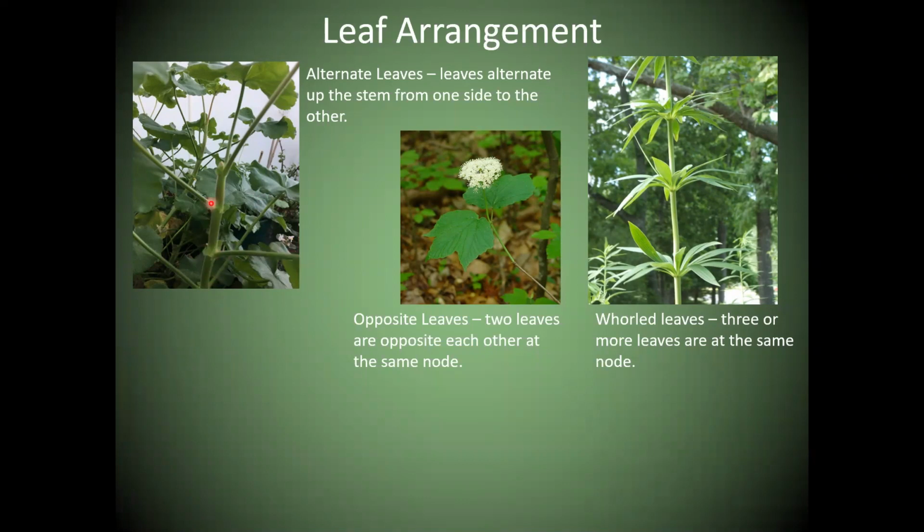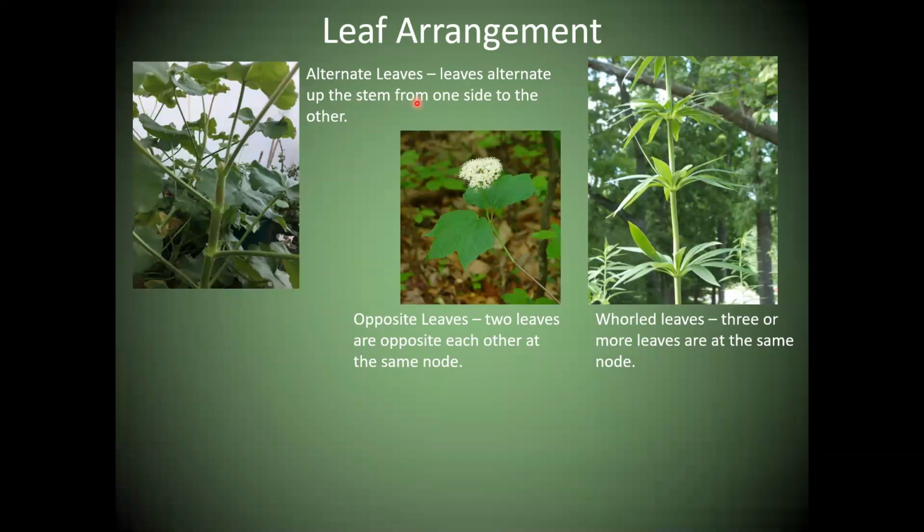Then on the next node, you see another leaf directed towards the opposite side. And then we have the opposite leaf, where you have two leaves emerging from a single node. In the alternate leaves, leaves alternate up the stem.